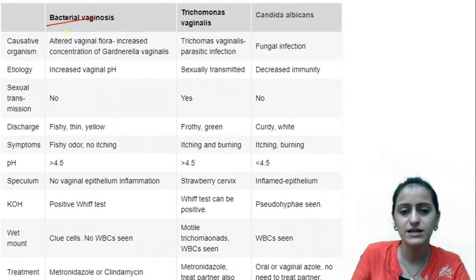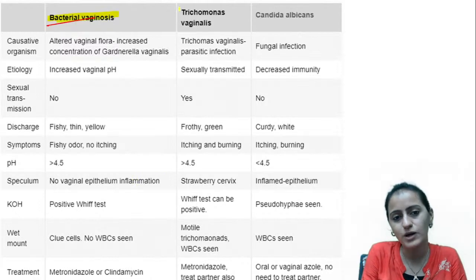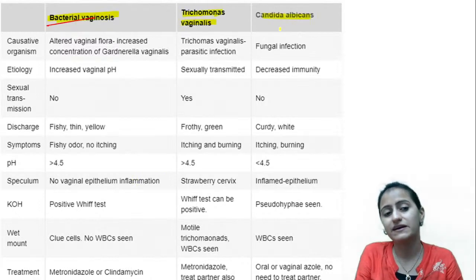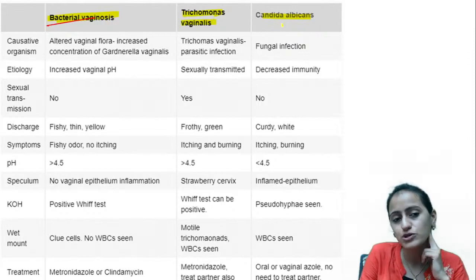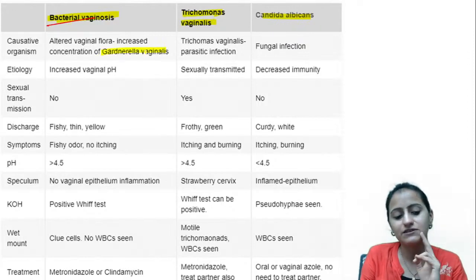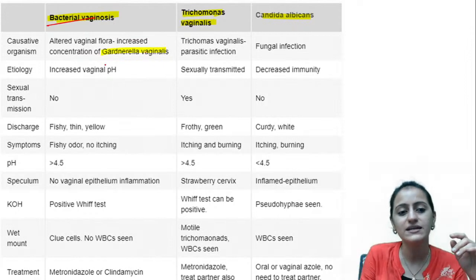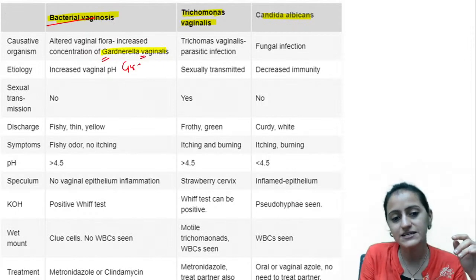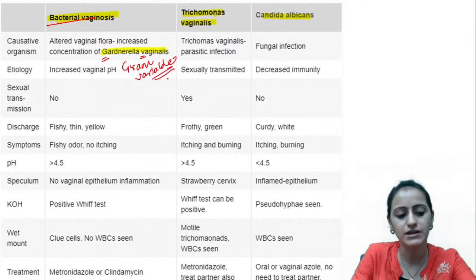We have seen this before as well. What are the key points to diagnose whether it is bacterial, trichomonas or candida? Bacterial is Gardnerella vaginalis. Gardnerella vaginalis, GV, is a gram variable coccobacilli. If they tell you gram variable coccobacilli, it is the bacterial one.